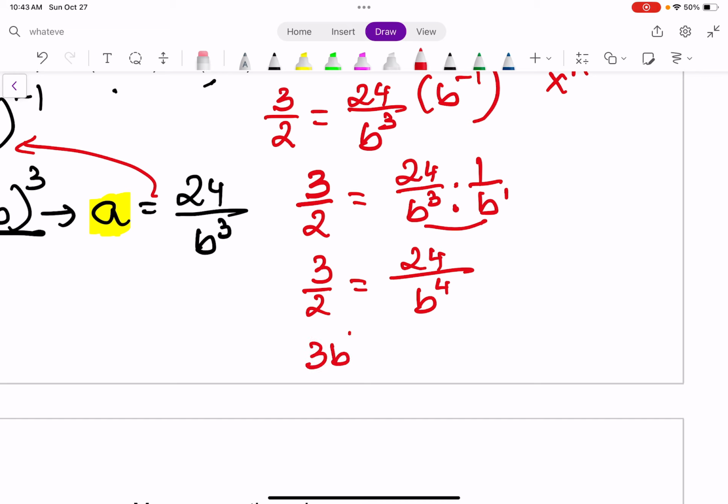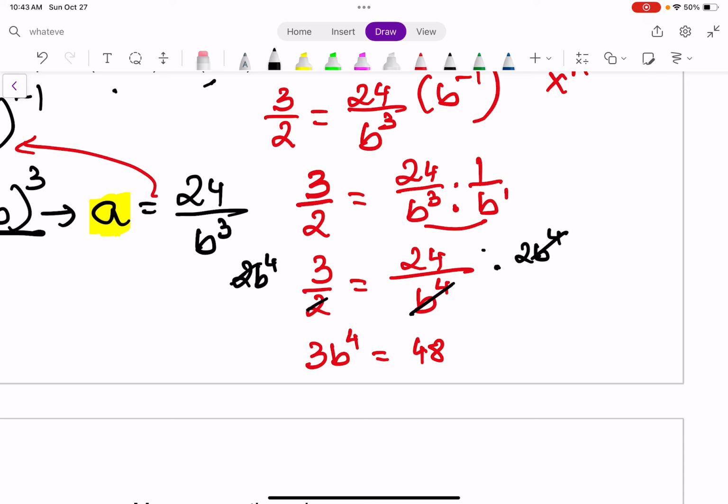You can cross multiply. Now this is a much better looking equation, or you can do what we've learned in the last chapter. You can multiply both sides by the least common denominator, right? So that will put the 2 over to this side, multiply to 24 is 48. Then we'll cross out the 2's and we'll put the b over to the side, multiply to the 3.